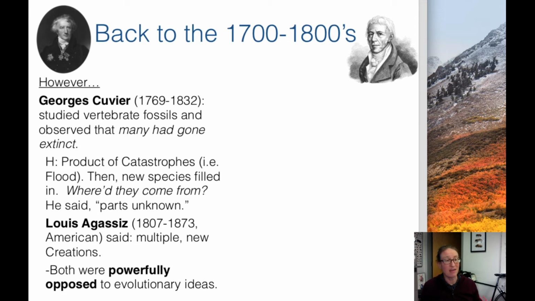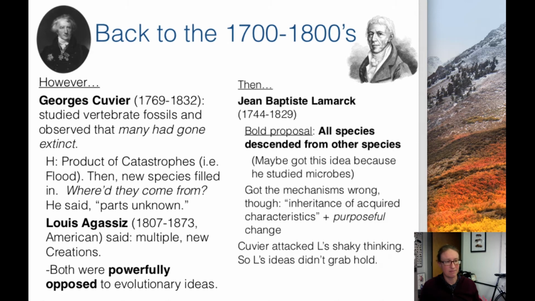And they also became very powerfully opposed to alternative ideas about how the world came to be the way that it is. And so there's a lot of tension in who's telling what kind of story to make sense of how the world came to be how it is.